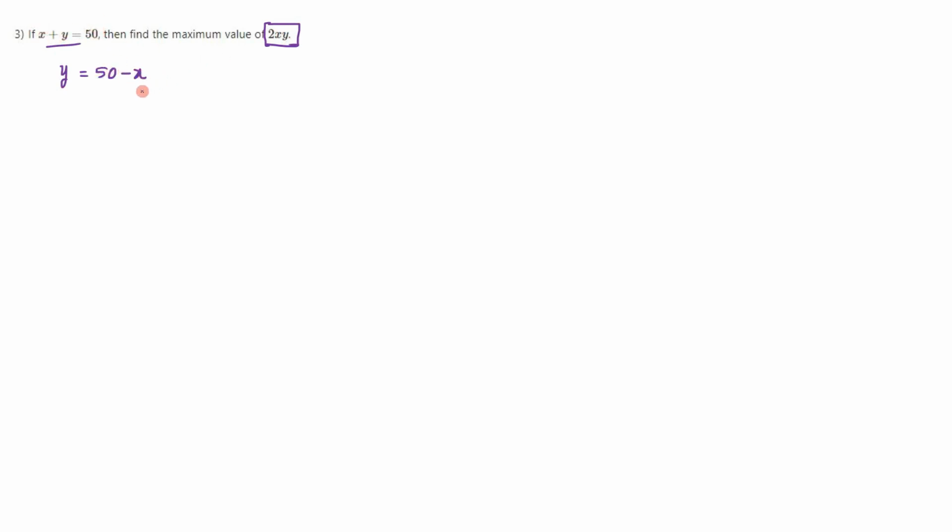So I'll substitute this in the given equation, that is I'll write this equation as f of x, that is nothing but 2 into x as it is, y I'll write as 50 minus x. I can further simplify this as 100x minus 2x square.